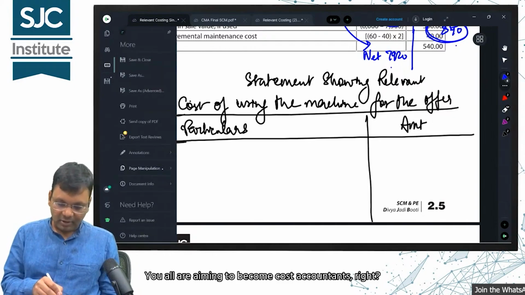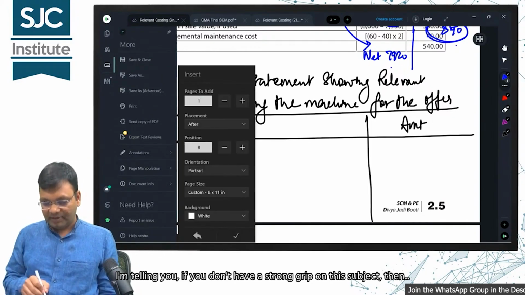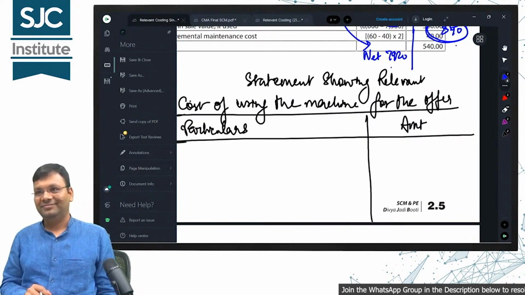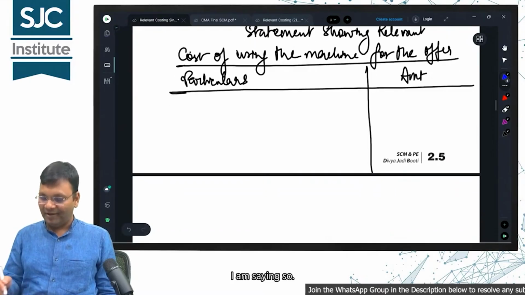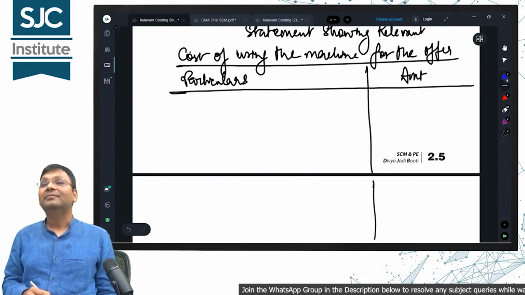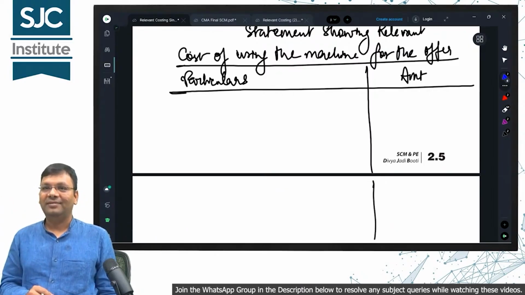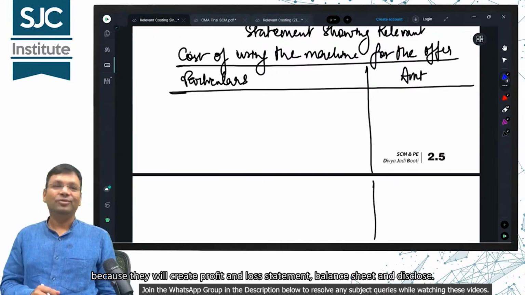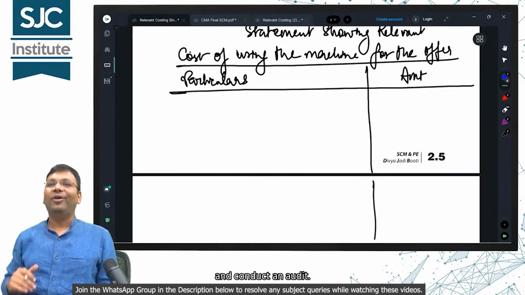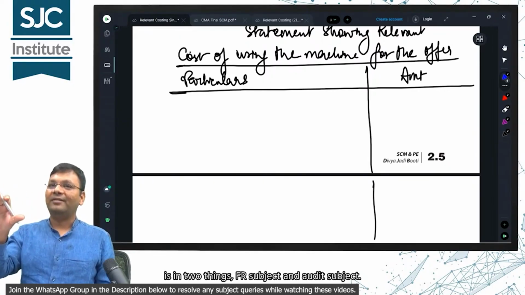You all are aiming to become cost accountants, right? I'm telling you, if you don't have a strong grip on this subject, then your degree will be incomplete. A chartered accountant is not so concerned about this subject. Chartered is concerned with the audit subject and FR, because they will create the profit and loss statement, balance sheet, disclose and conduct an audit. The main expectation from them is in two things, FR and audit.